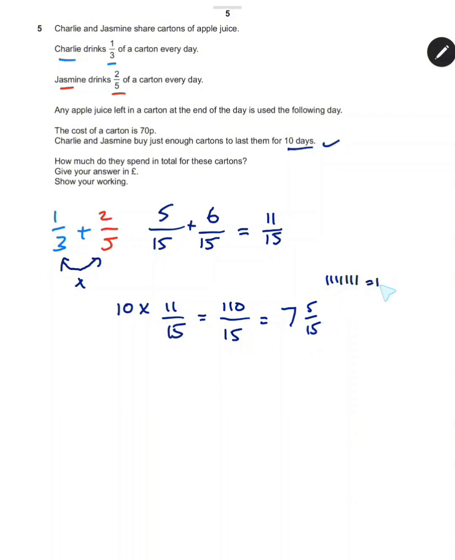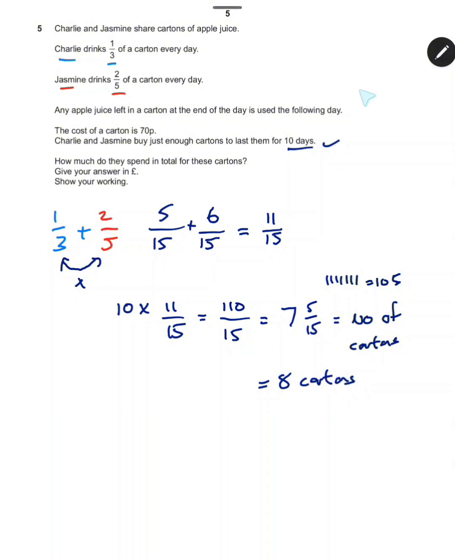I got to 105 there, and I was aiming for 110, so that's why there's 5/15 left over. So this is the number of cartons that they drink. Obviously, we can't buy 5/15 of a carton, so that's going to be 8 cartons.